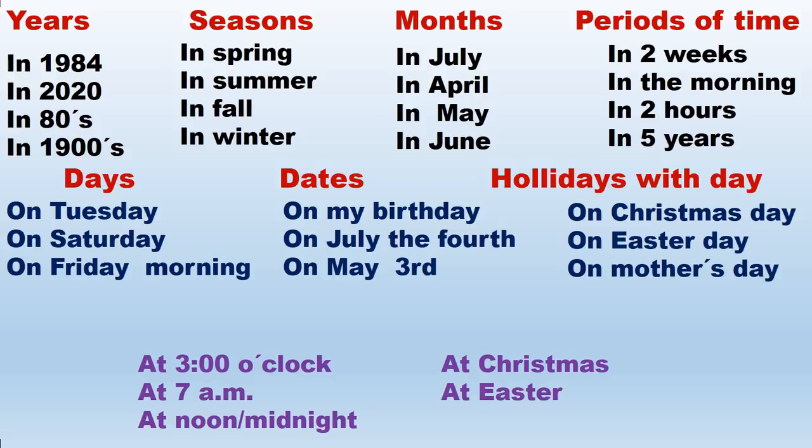On my birthday, on July the 4th, on May the 3rd. This is what you have to learn in this class so you can master the preposition on, all right? Okay, and last but not least, if you're talking about a specific hour of the day, then you're going to use the preposition at. Example, at 3 o'clock.